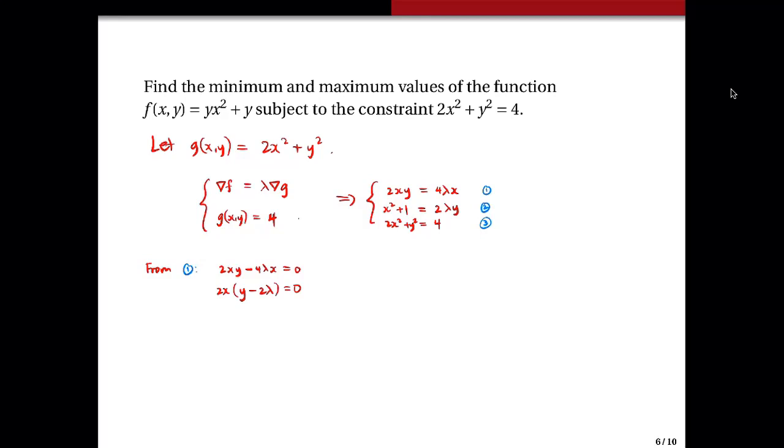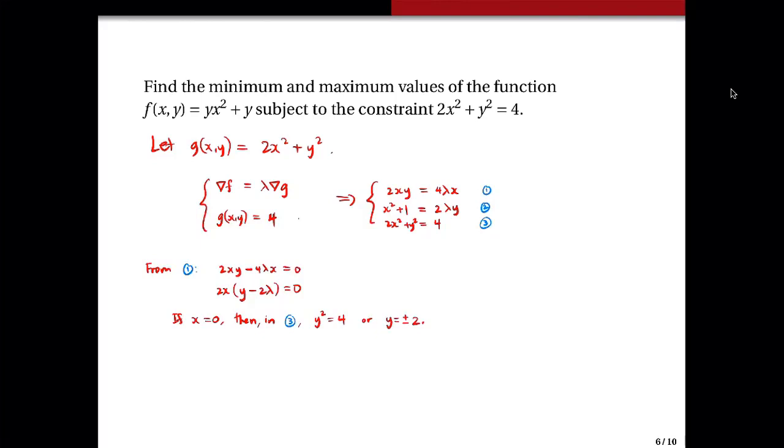So, from here, if x equals 0, then in equation 3, we have y squared equals 4, or y equals plus and minus 2.